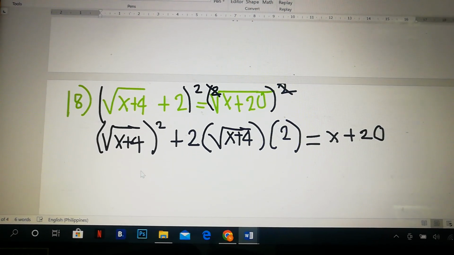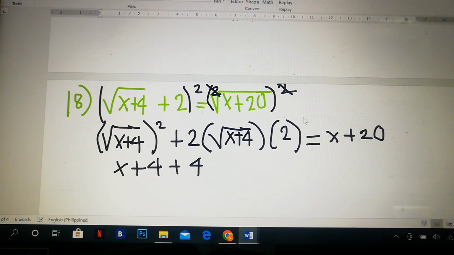Okay, so squaring the square root of x plus 4 is equal to x plus 4, plus, I forgot to square the 2 here.